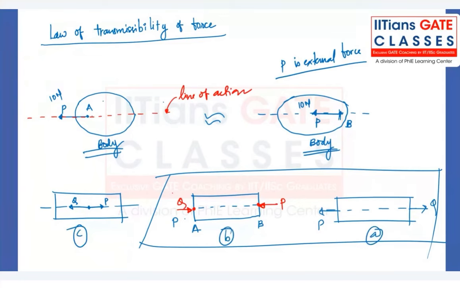What I'm trying to explain is the principle of transmissibility of force is not applicable in finding the internal forces. For example, in figure A, P and Q are tensile.